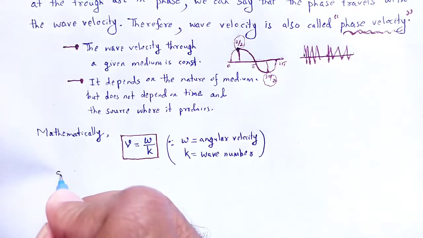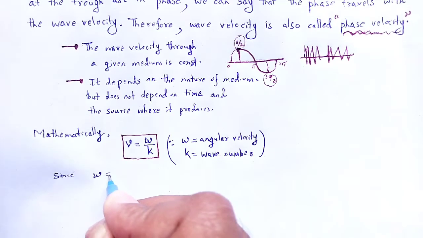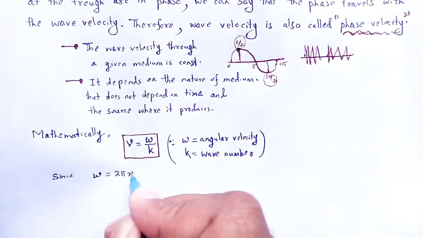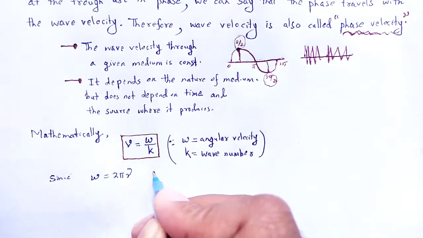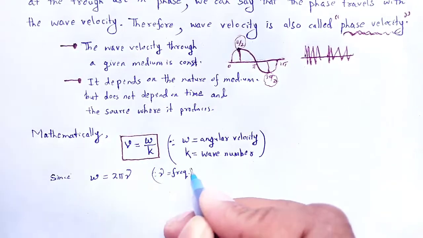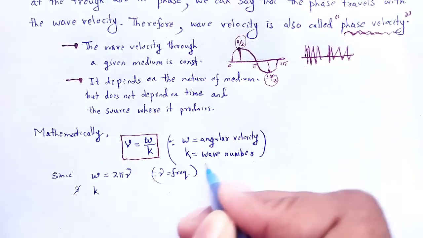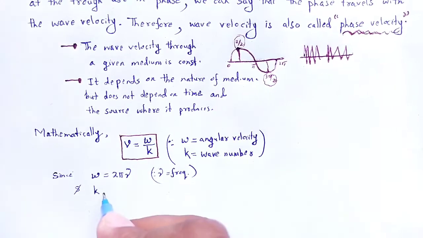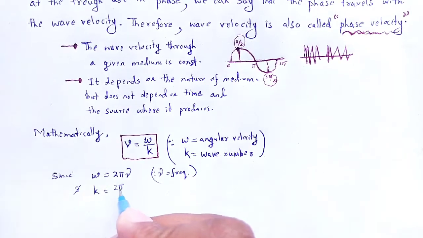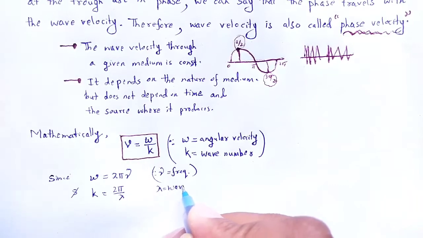Since we know the angular velocity omega is equal to 2 pi nu, where nu is the frequency, and wave number or propagation constant k is equal to 2 pi by lambda, where lambda is the wavelength.